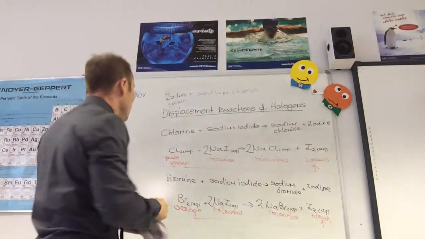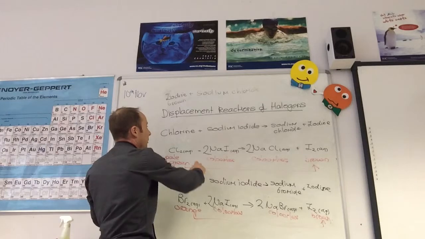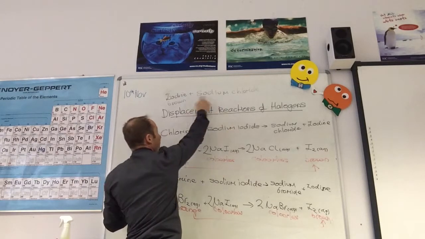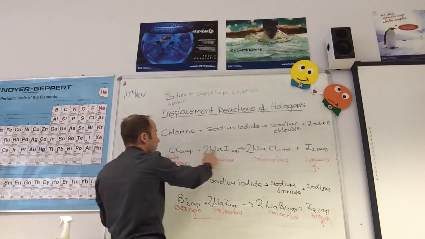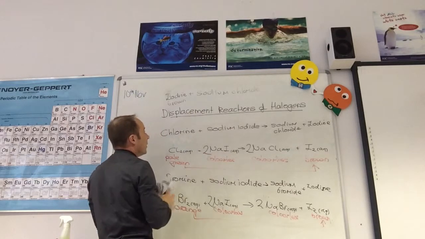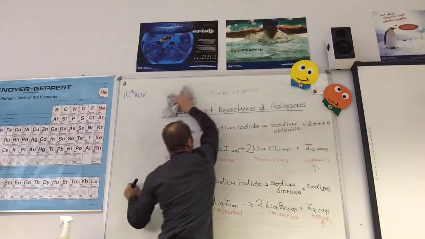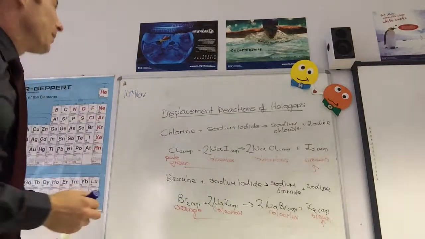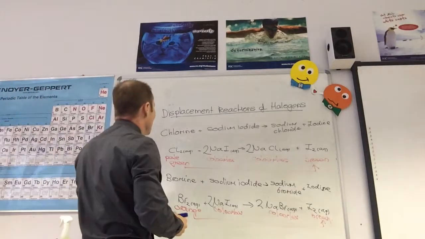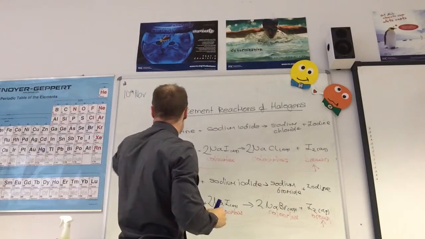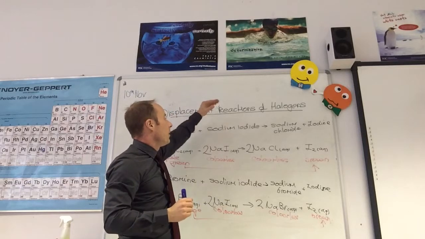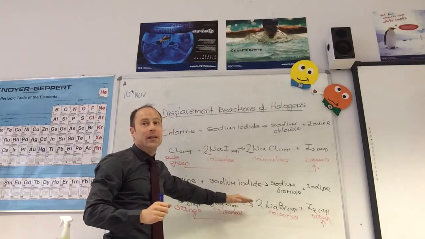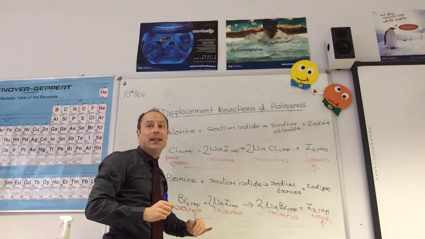Because I've established this way that chlorine displaces iodine, this would just be the reverse, wouldn't it? So if I establish this one goes, I know that there's no point doing that one. So there's actually only 3 that you need to do to establish the reactivity. You need to do chlorine with bromide and iodide, and then bromine with iodide, and then you've established your order of reactivity.